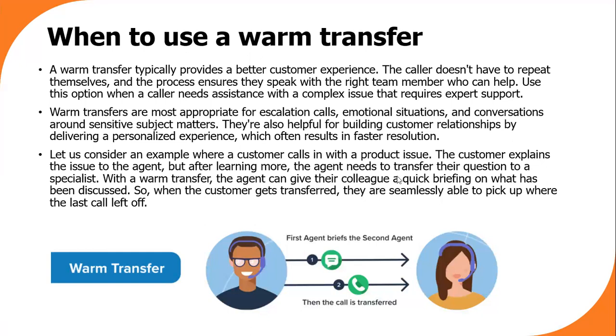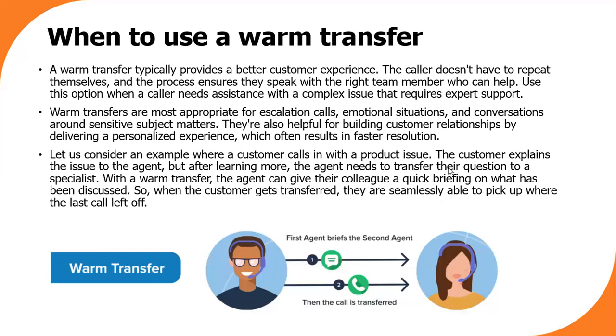So, as we have here an example, the customer explains all the issue, but when you hear what the customer is saying, you realize that you need to transfer them to a specialist, another person, right? So in this case, you would need to give your colleague some instructions.